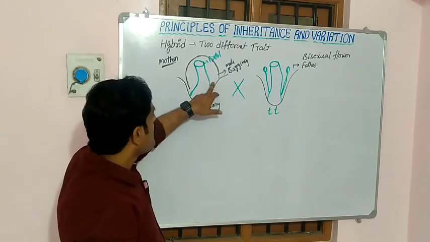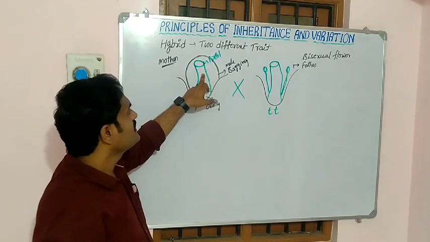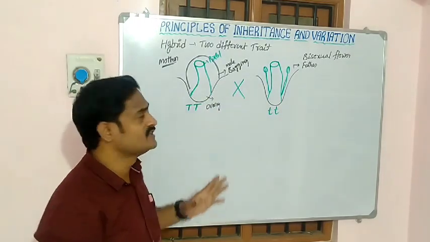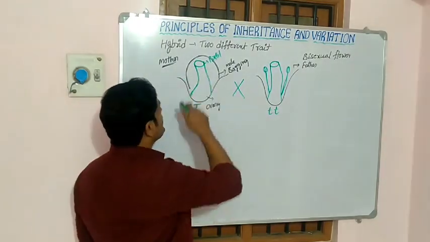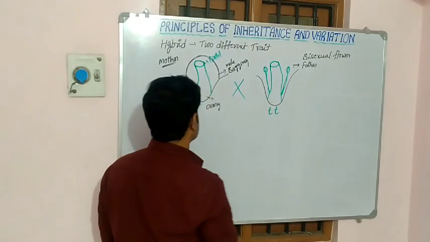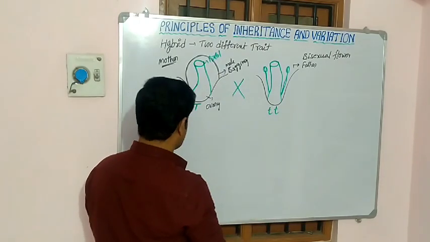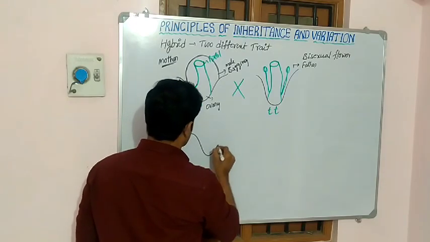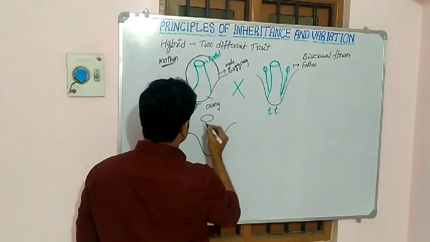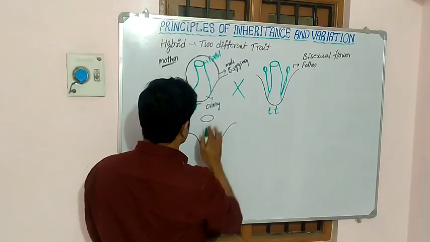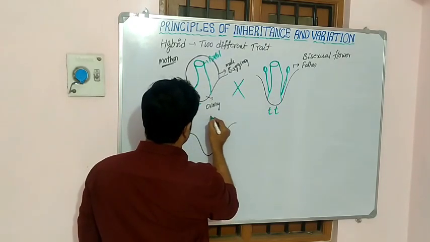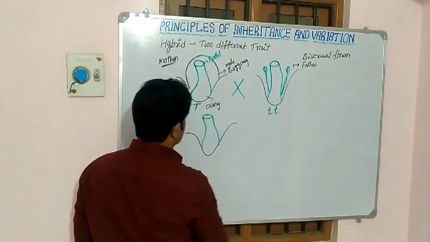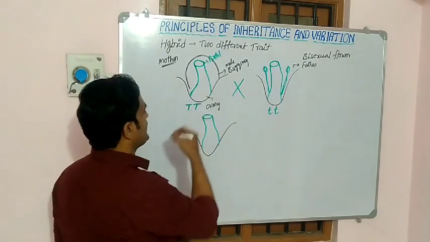Once the ovary reached maturity, Mendel removed the bagging from the ovary or pistil. See here, Mendel removed the bagging.